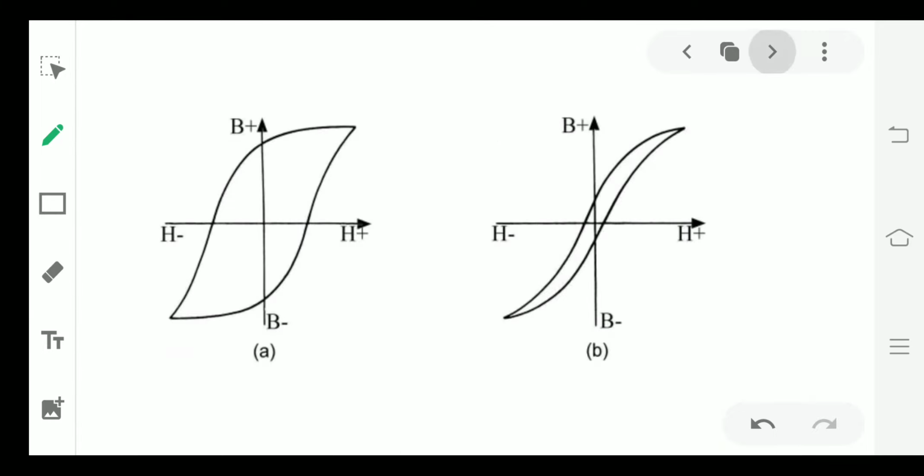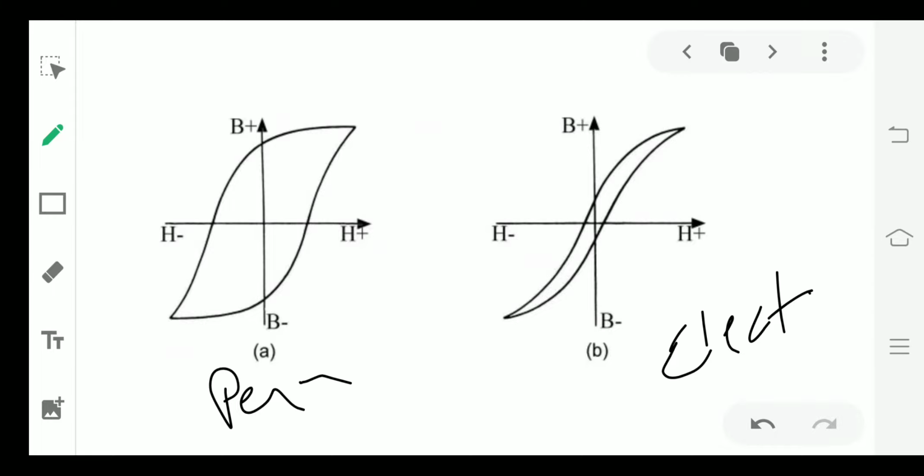So this is the graph of an electromagnetic material, and this is the permanent magnet graph, because here the retentivity is the highest, and we require a large coercive force to decrease this magnetic flux density. Here the retentivity is almost equal to zero, and we need less coercive force.